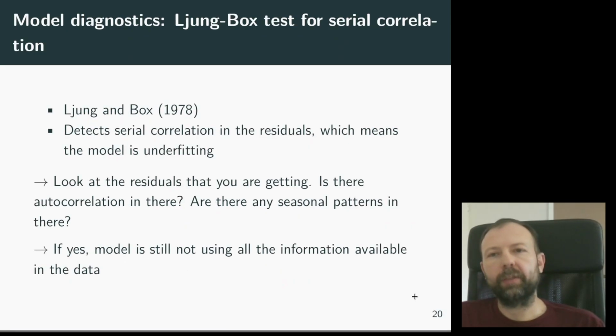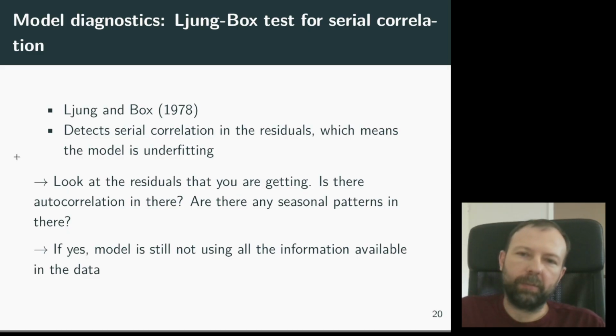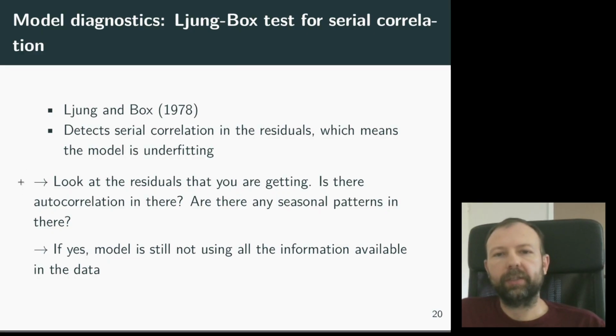Yeah, so how do these serial correlation tests work? I mean, there's, for example, the Ljung-Box test from 1978 that detects serial correlation in the residuals. And that then means that the model is underfitting. So you look at the residuals that you are getting. Is there any autocorrelation in there? Are there any seasonal patterns in there?